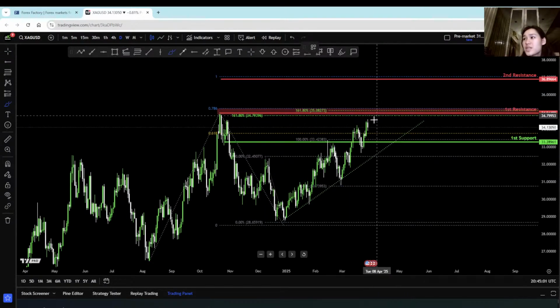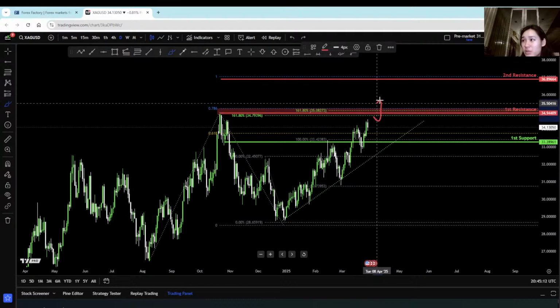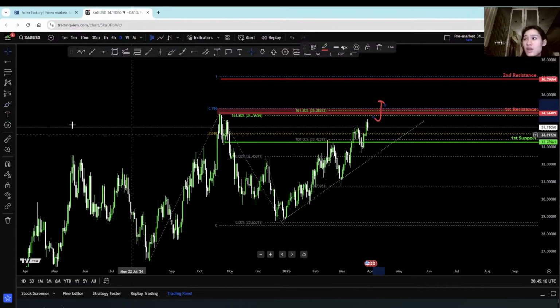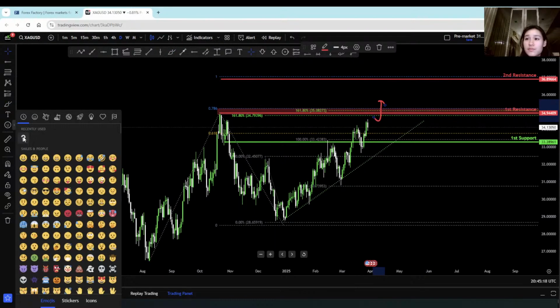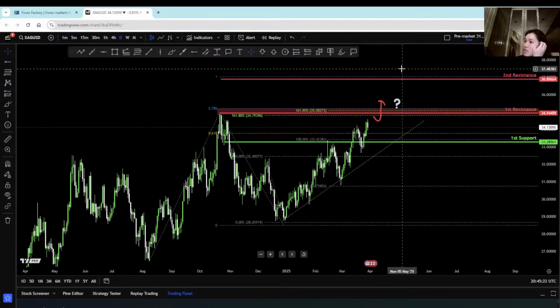We might see prices react slightly off this first resistance, but I'm expecting it to be able to push past it and continue moving upwards. Okay. I think that's all the levels we have.